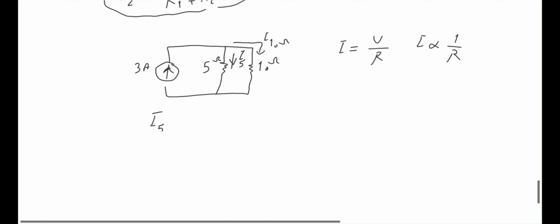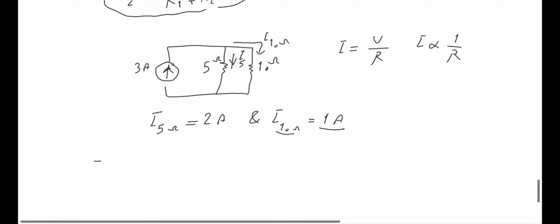If you agree with me, the current of 5 ohms becomes 2 amps and the current of 10 ohms becomes 1 amp because there's an inverse relationship between resistor and current. The higher the resistor, the lower the current.